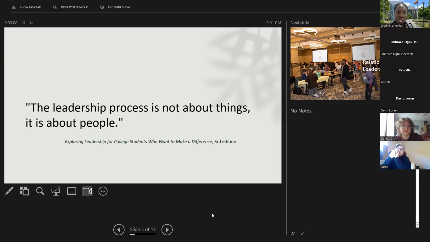This quote is from the book that I used to build this presentation. The leadership process is not about things, it's about people. That's really the basis and the foundation of the relational model of leadership. It's about how you interact with each other, and we'll get into some of those other components in this presentation.